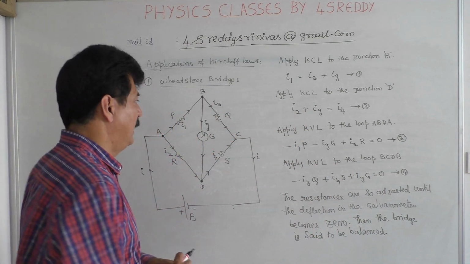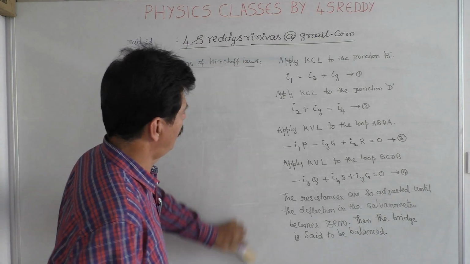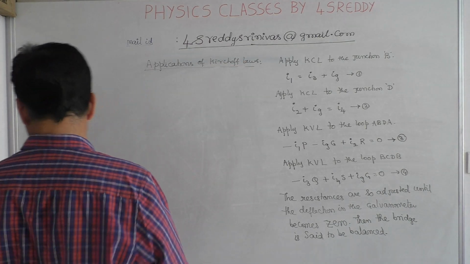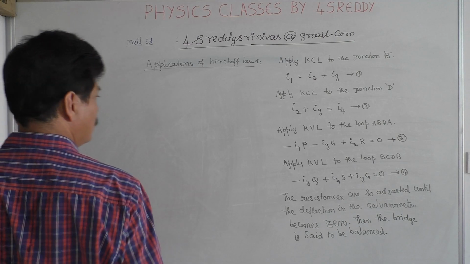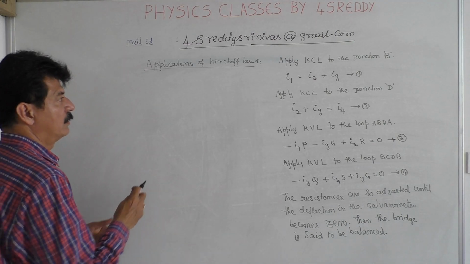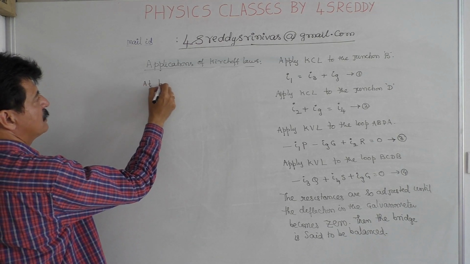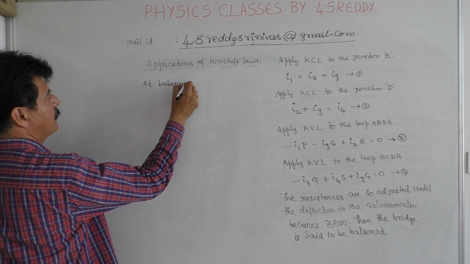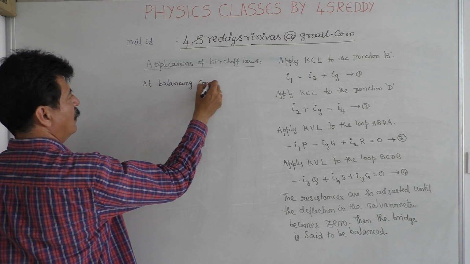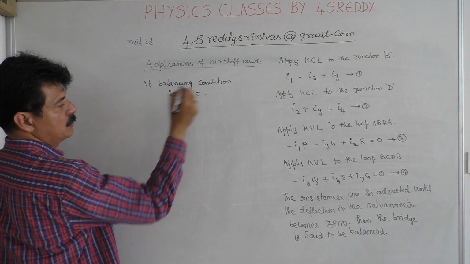And once you got the idea of this, once the bridge is said to be balanced, then from equation 3, a balancing condition, Ig is equal to 0.